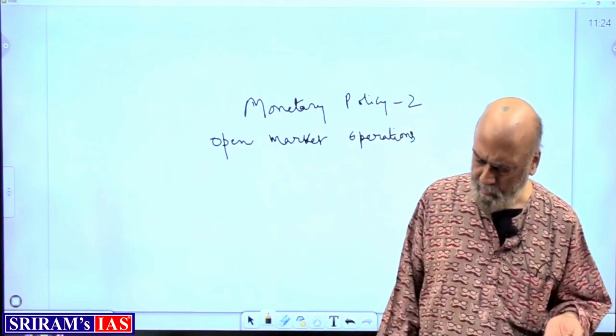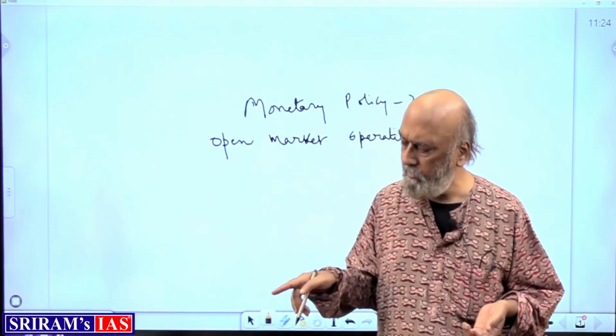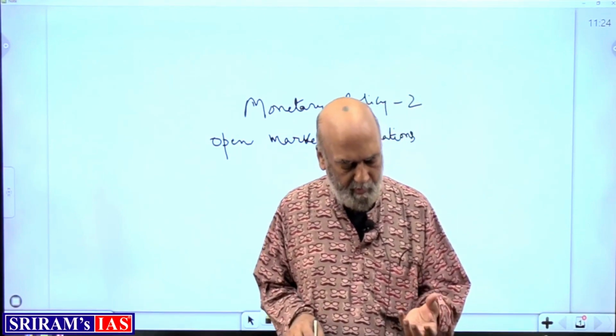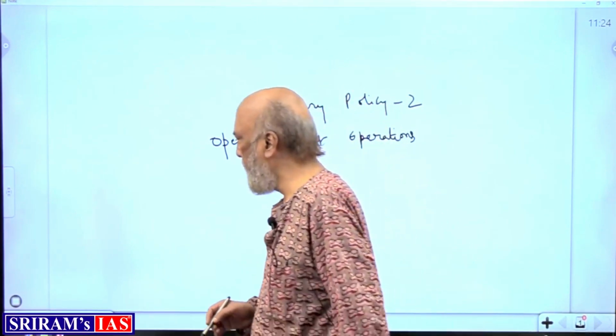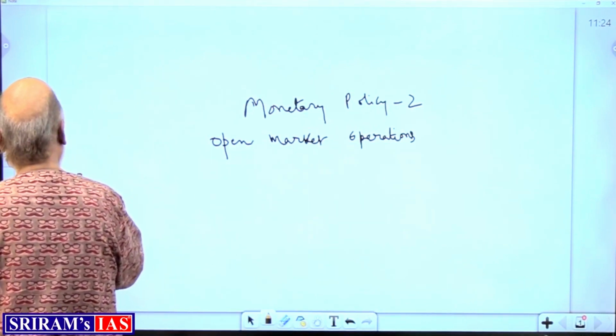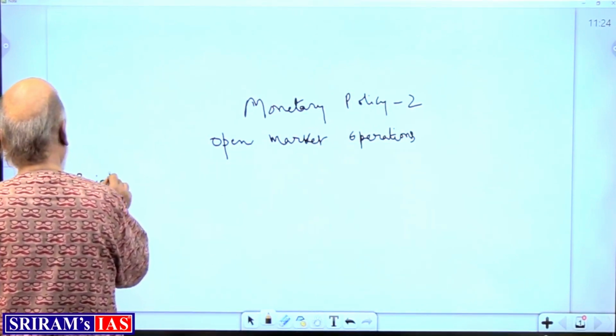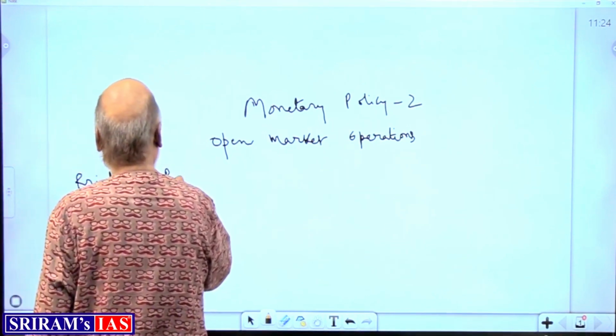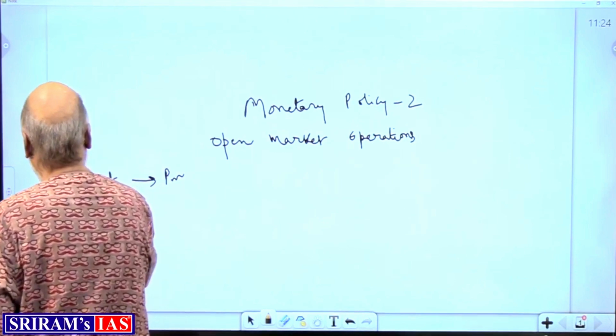So yes, I've got this. Now what did I do? I printed rupees. And I bought the dollar. So let me show it here. Print. Purchase dollar, print rupee.